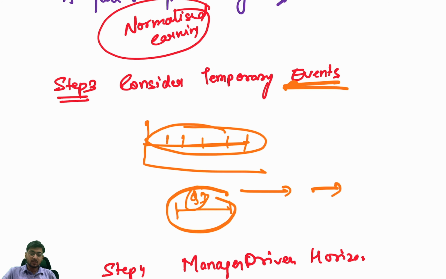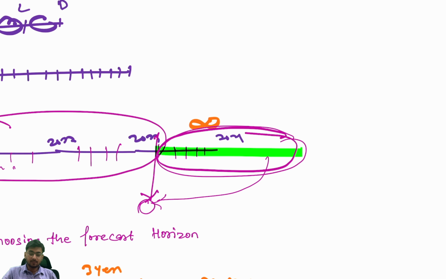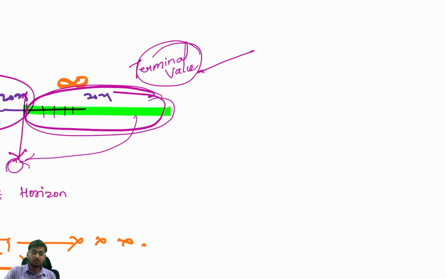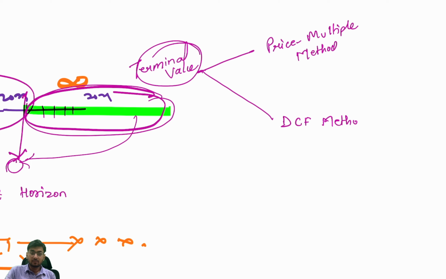Now, one thing which I have discussed: you remember the terminal value. How will you calculate this terminal value? Based on two methods. Number one is the price multiple method, and the second one is the DCF method, that is the discounted cash flow method.